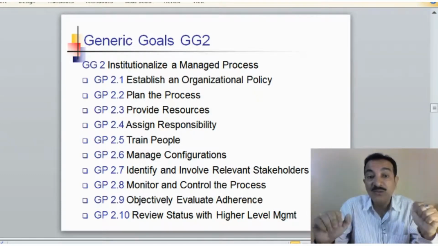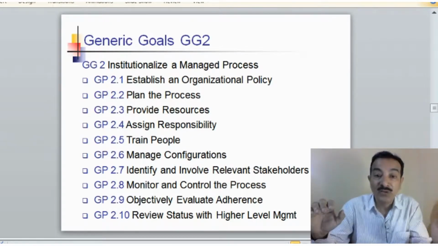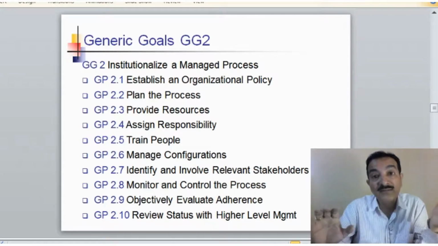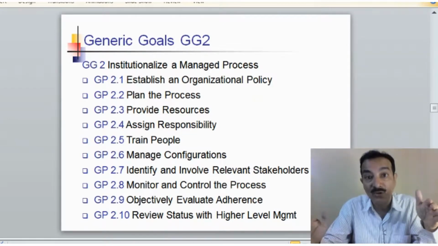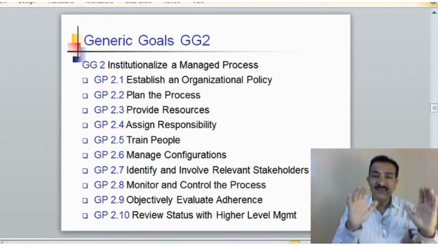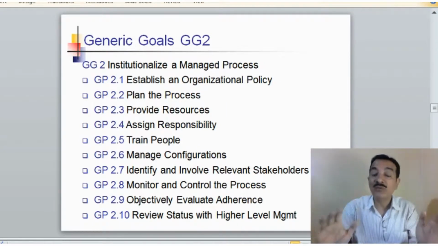The generic practices of level 2 start with establishing an organizational policy, so that everyone can follow the policy. You plan the process, so you ensure the generic goals apply to all the practices, and that all the practices are following the plan.